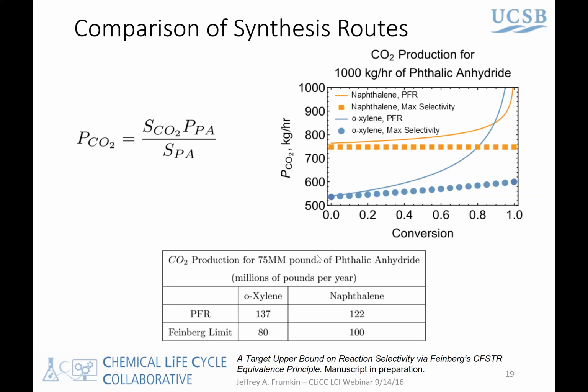However, this chemical process design module tells us that we could potentially reduce that by up to 57 million pounds per year, down to about 80 million pounds per year of CO2. Similarly, for the other chemistry, a traditional reactor will produce about 122 million pounds per year of carbon dioxide, whereas we could potentially reduce that down to 100 million pounds per year.